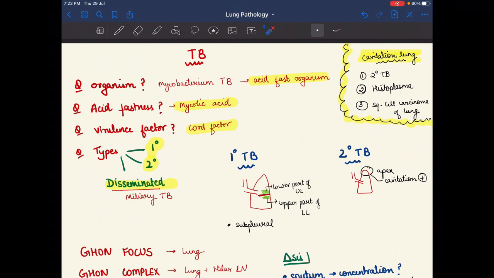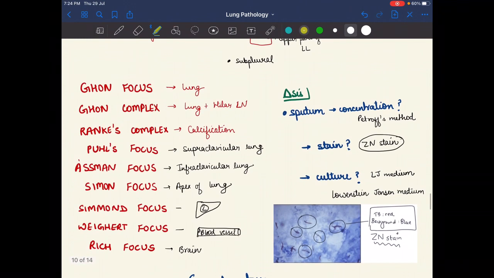Primary TB involves the lower part of the upper lobe or the upper part of the lower lobe. Secondary TB involves the apex, and a cavity is present in secondary TB.